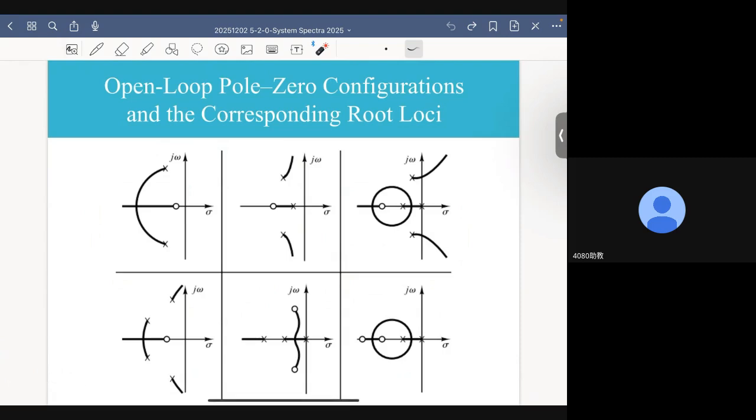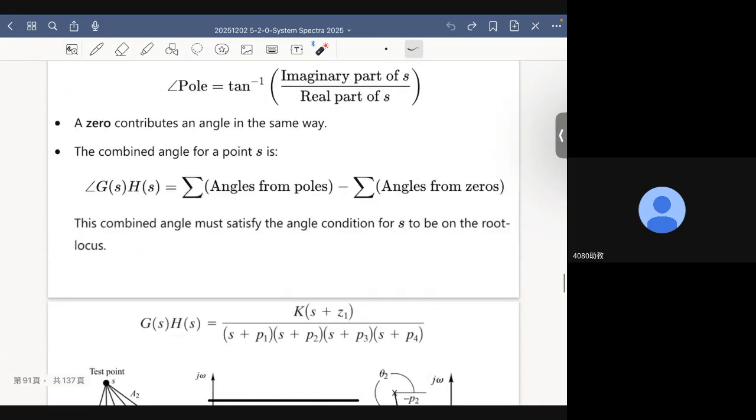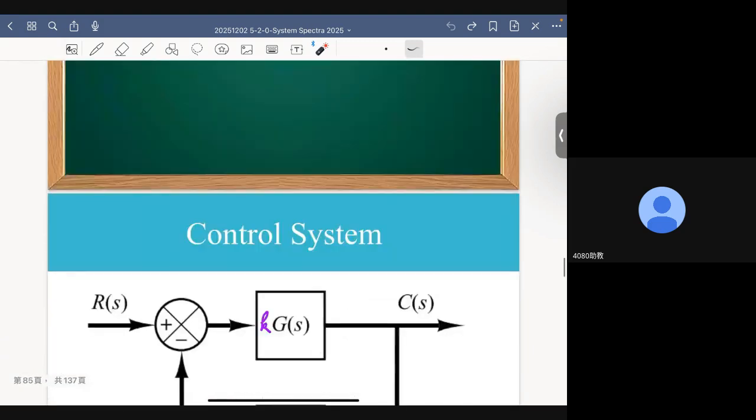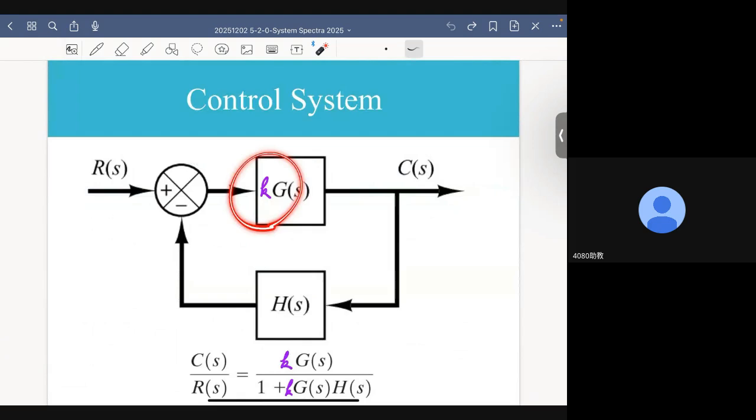Now, from this root locus, it gave you a pretty good idea what you can do up to the relocation of the poles if you only have one parameter that you can adjust, okay? So there are some limitations, but at least it helps you understand the strengths and the limitations of adjusting K in relocating the poles of the closed loop system, all right?